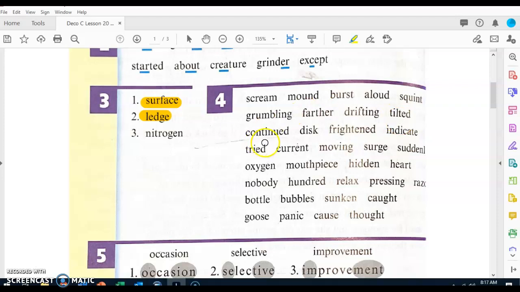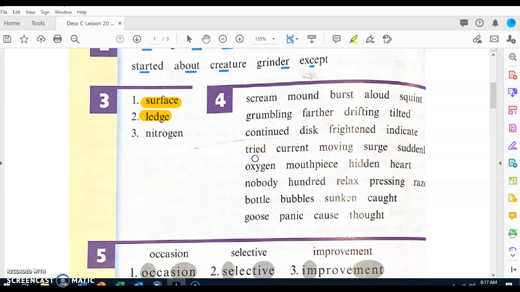Next word. What word? Tilted. Next word. What word? Continued. Next word. What word? Disc. Next word. What word? Frightened. Next word. What word? Indicate. Next word.